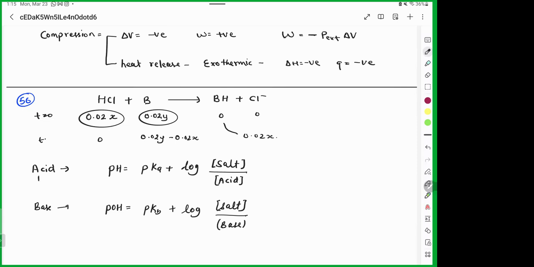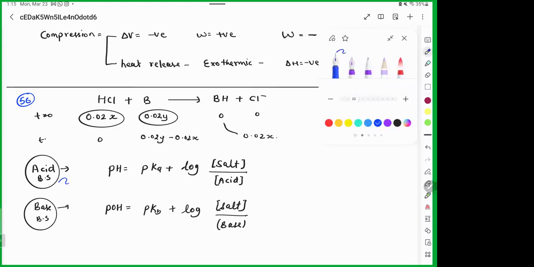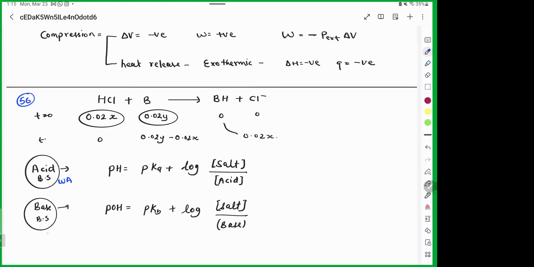This we call an acidic buffer solution, and this is known as a basic buffer solution. What is the rule for an acidic buffer solution? We say that in an acidic buffer solution we should have a weak acid, and here we should have a weak base. Okay. Any doubt? We are applying the second equation in the given question.